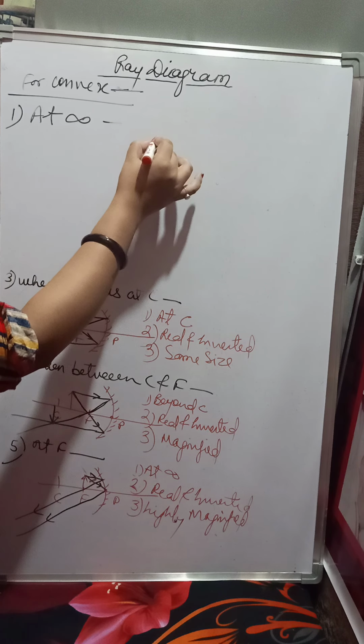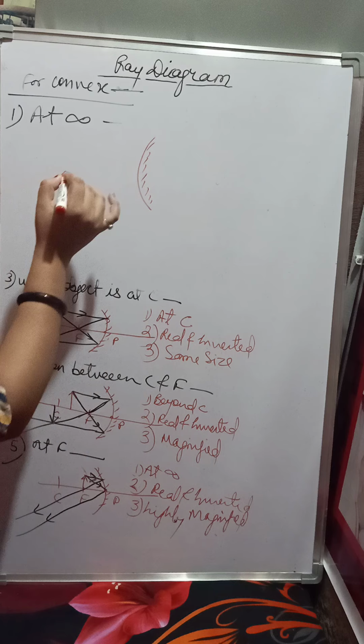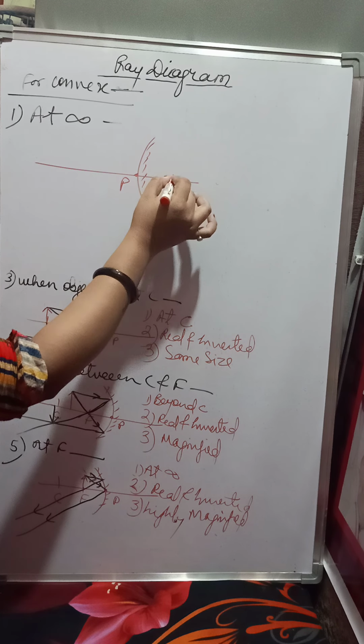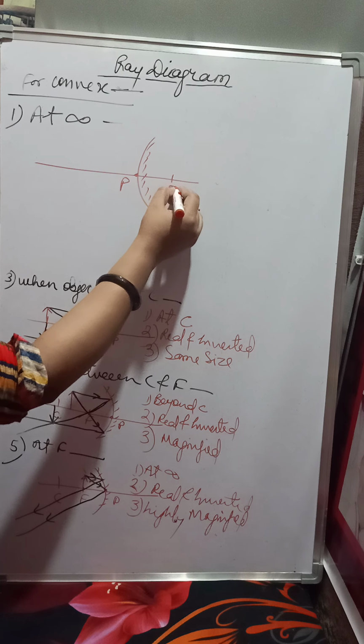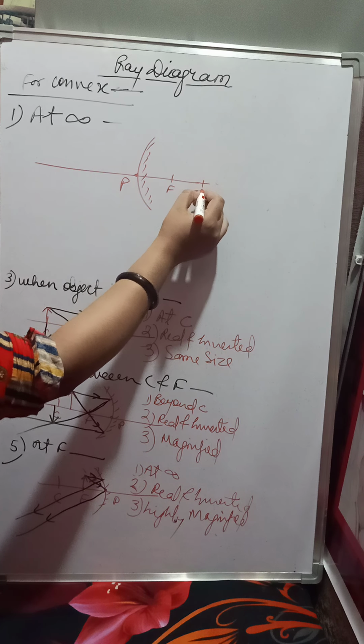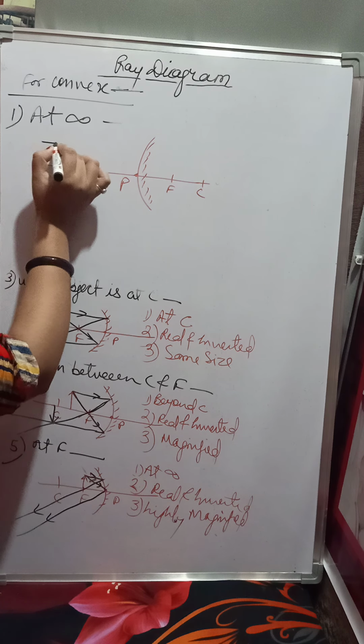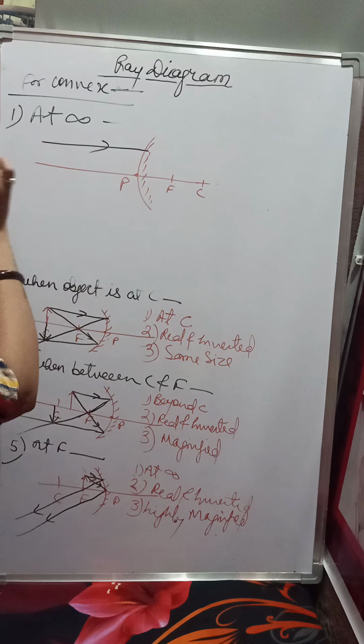We have convex mirror, principal axis, focus, center of curvature. When the object is placed at infinity, only the light rays are coming.